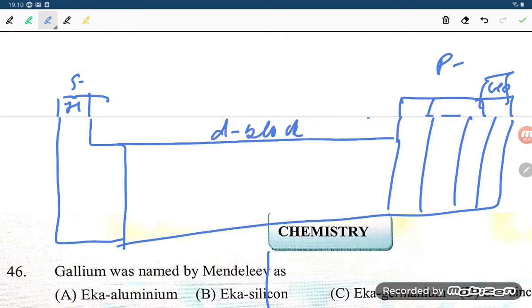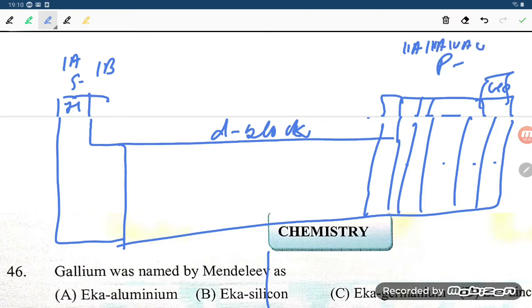So when you are going to answer this question, this is first A, first B, and here is second A, students. 1, 2, 3, 4, and here we can increase 5, and here is 6. So that is third A, then fourth A, then fifth A, then 6A, and then 7A, and the 0 group finally.